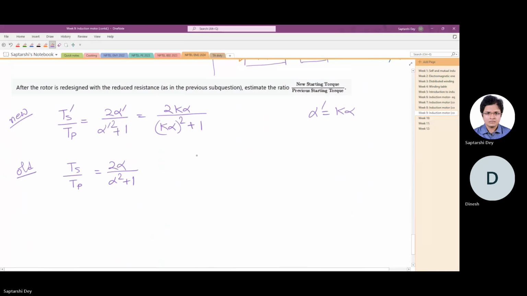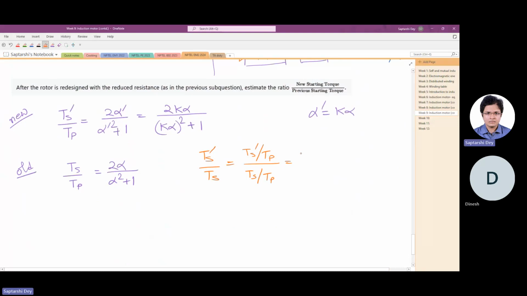So new starting torque by old starting torque, that is ratio of these two ratios, since Tp does not change.